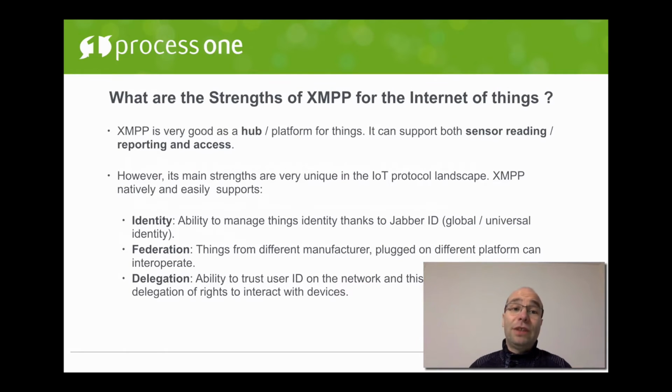So in that context, what are the strengths of XMPP for the Internet of Things? It's obvious that XMPP is very good as a hub, as a platform. It is supposed to have a central server to connect things, but in the context of federation, it's not central.